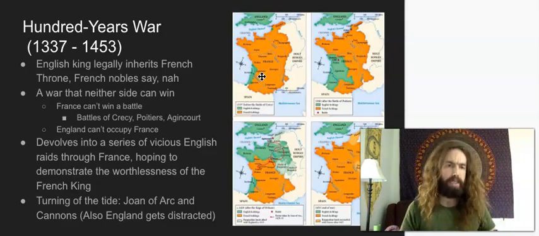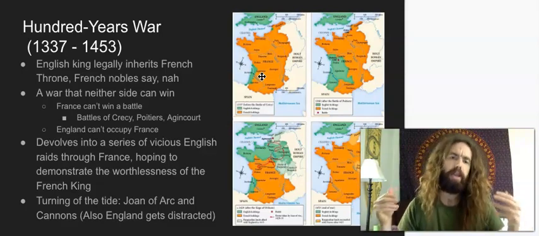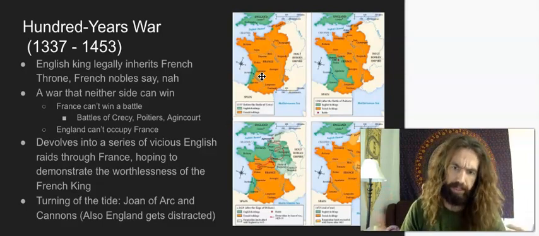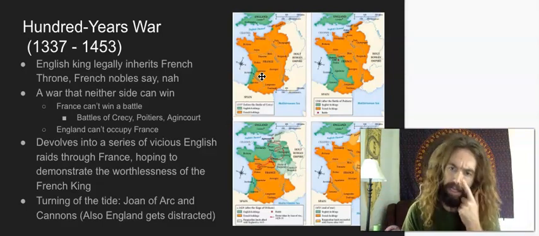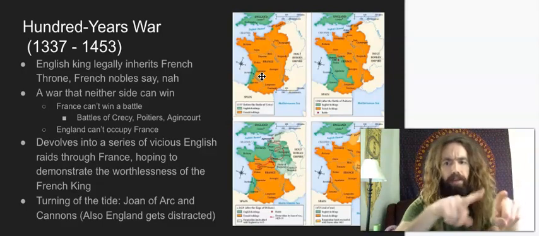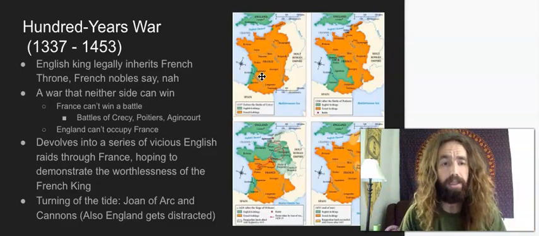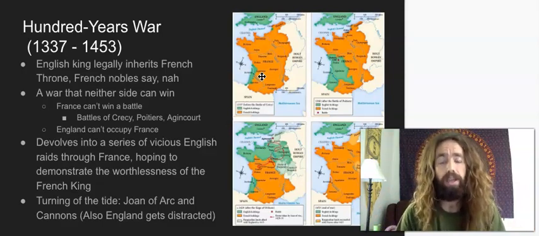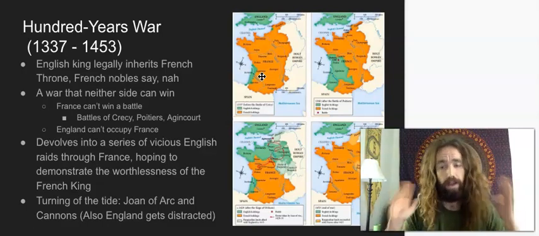And so in 1337, or around then, I don't remember exactly when this happens, the French king dies, and he doesn't have a son. So they trace back in the family line looking for who the next closest relative to the king is, and it turns out to be the King of England. And all of the French nobles, when they hear that, basically just say, nope, no way.